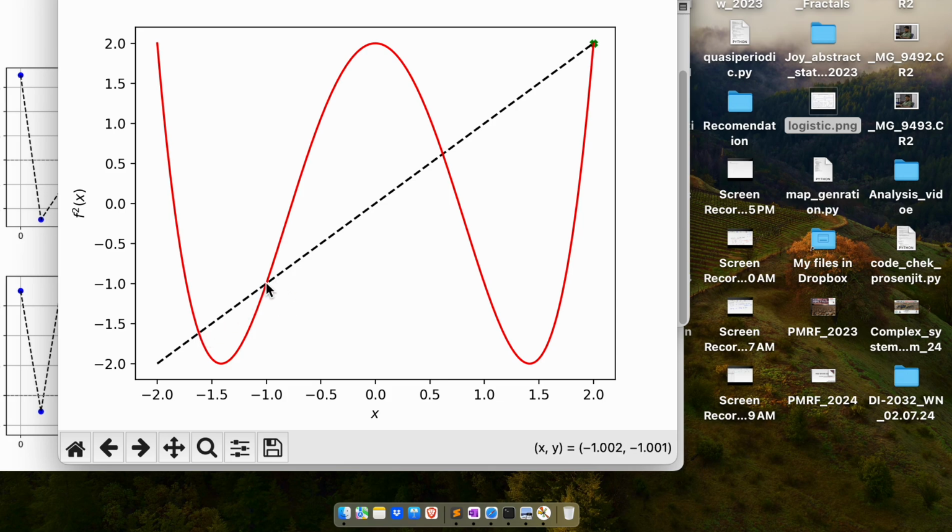This point corresponds to minus 1, so this is a solution, and plus 2 is a solution. Now another two solutions are popping up here. One is this point, which is minus 1.6, this is also a solution, and this is maybe 0.6, this is also a solution.